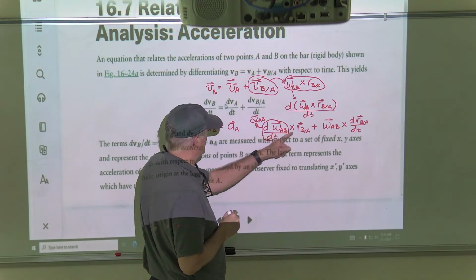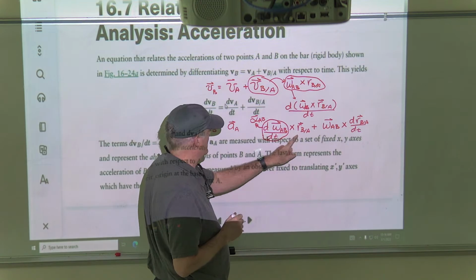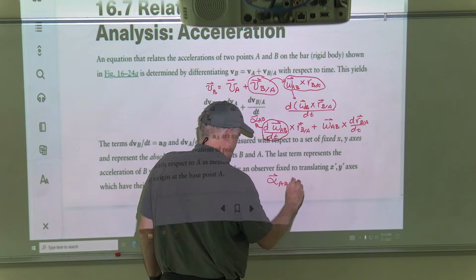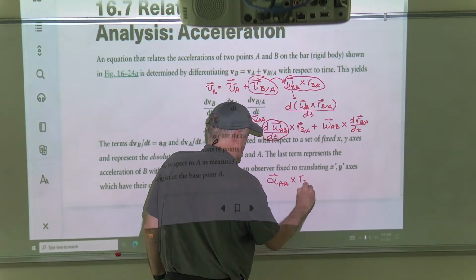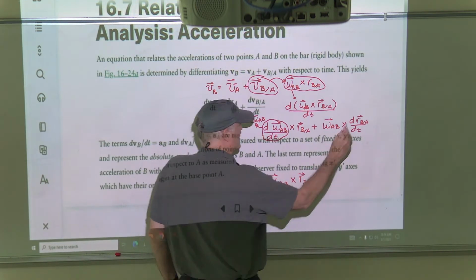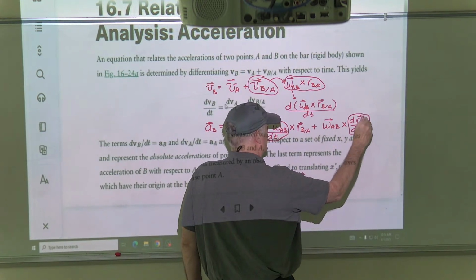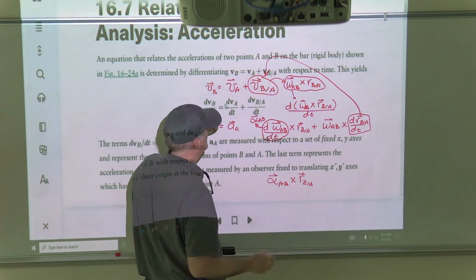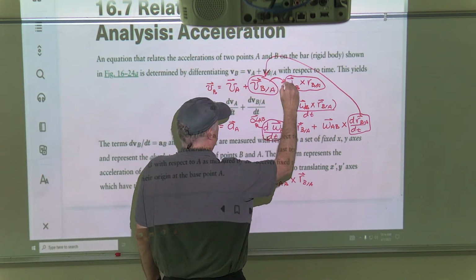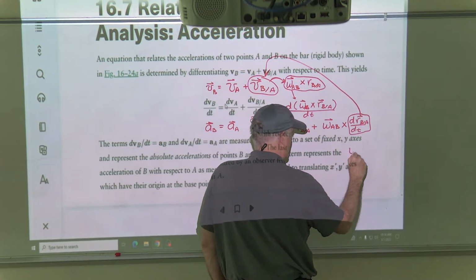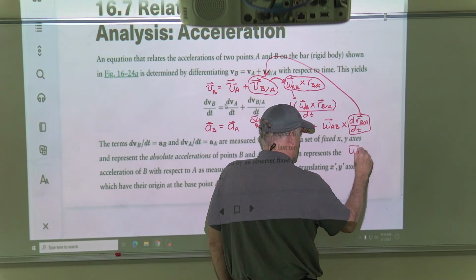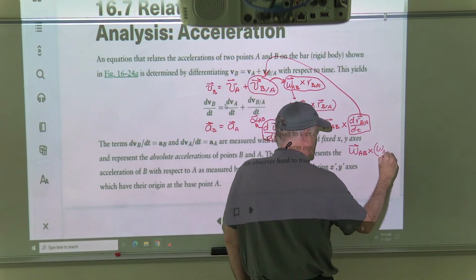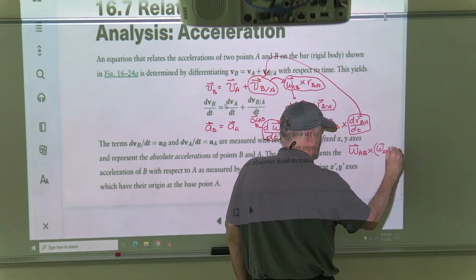So this term just simply becomes alpha AB cross R B to A. But this term is actually the same thing as that term, which is in fact this term, which can be written as omega AB cross omega AB cross R B to A.